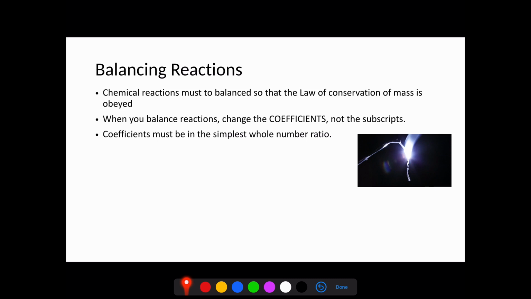So our reactants are magnesium and oxygen. And eventually, after you burn it, you're going to be left with a white colored ash that is magnesium oxide. It's a white colored solid. So that's your product. So let's write the formula for reactants and products. Magnesium is just Mg. Oxygen gas is O2. Remember, it's not just O, it's O2.